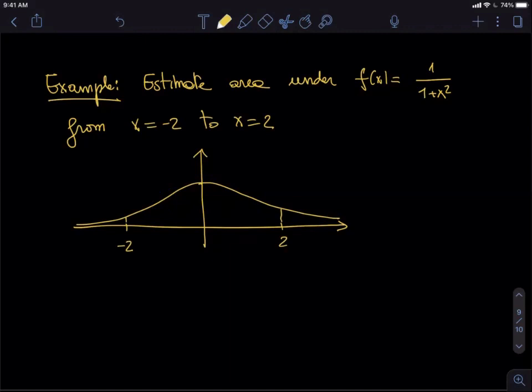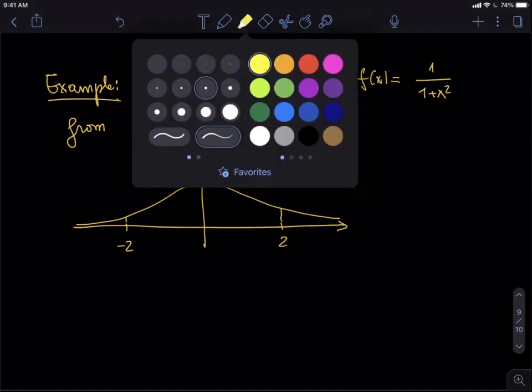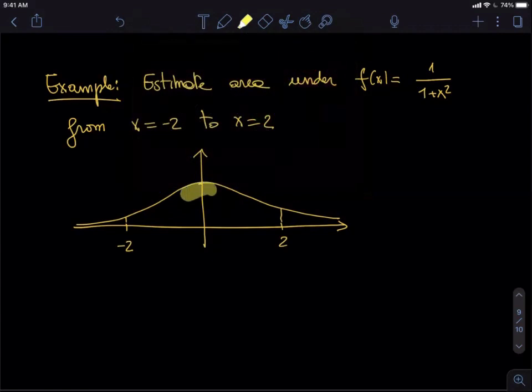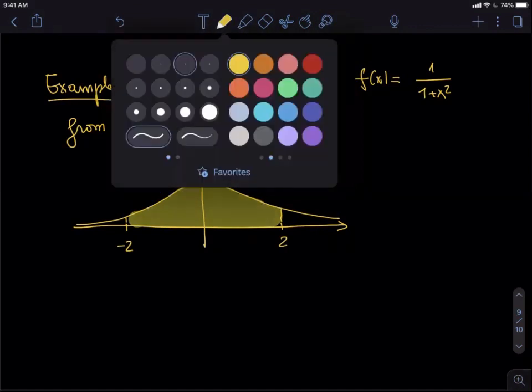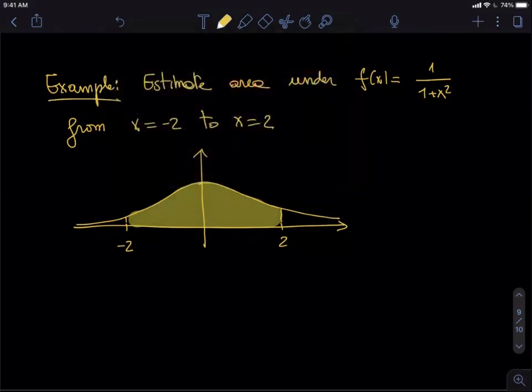Okay, so we want to find this area here. I'm plotting the exact area we want to find, but we don't know how to do that yet, so we need to estimate it.